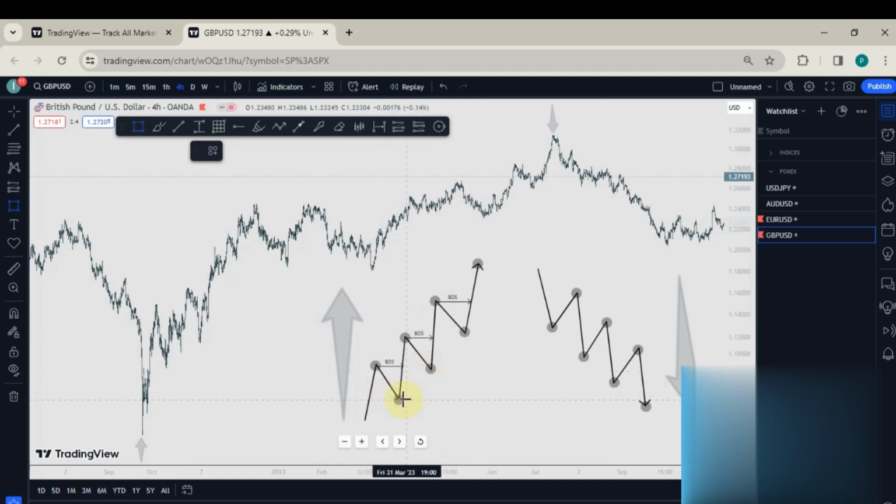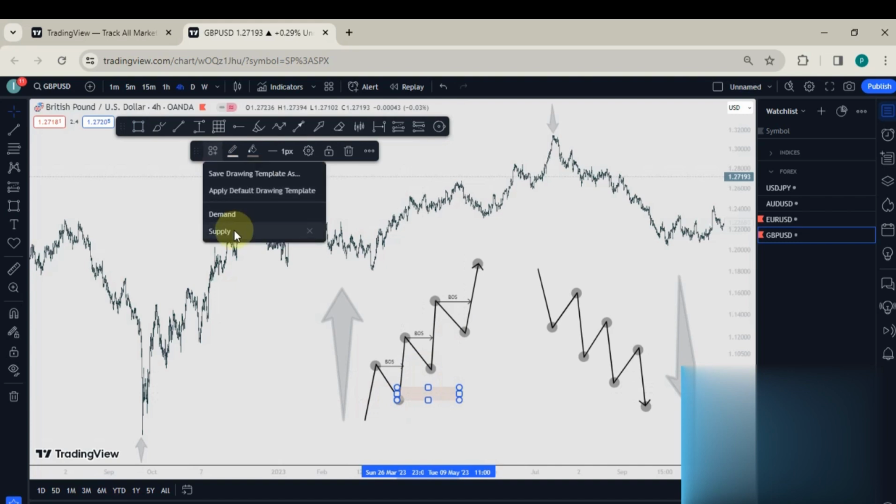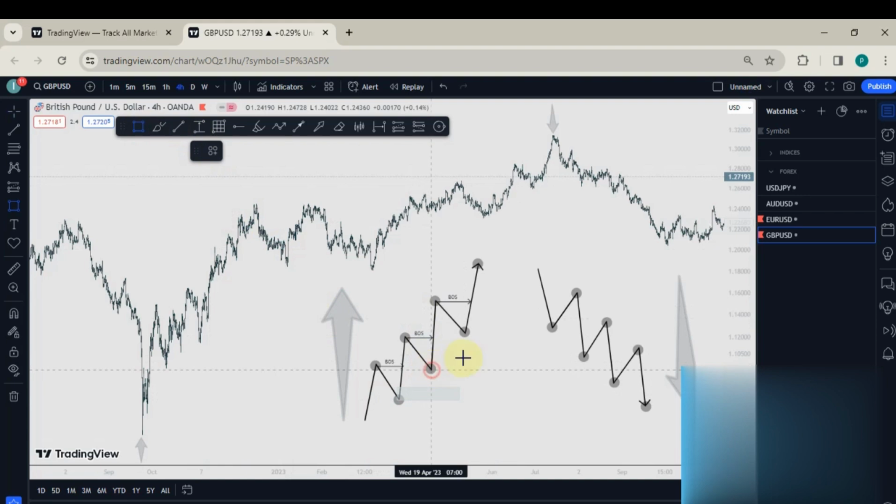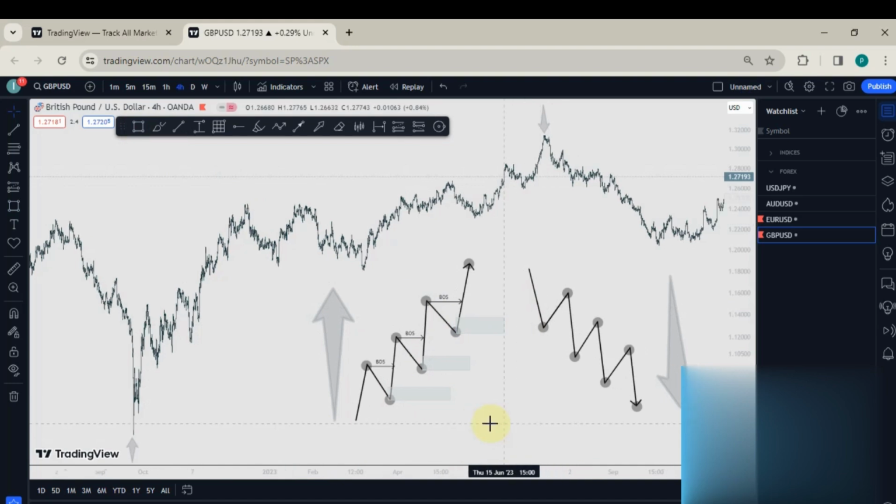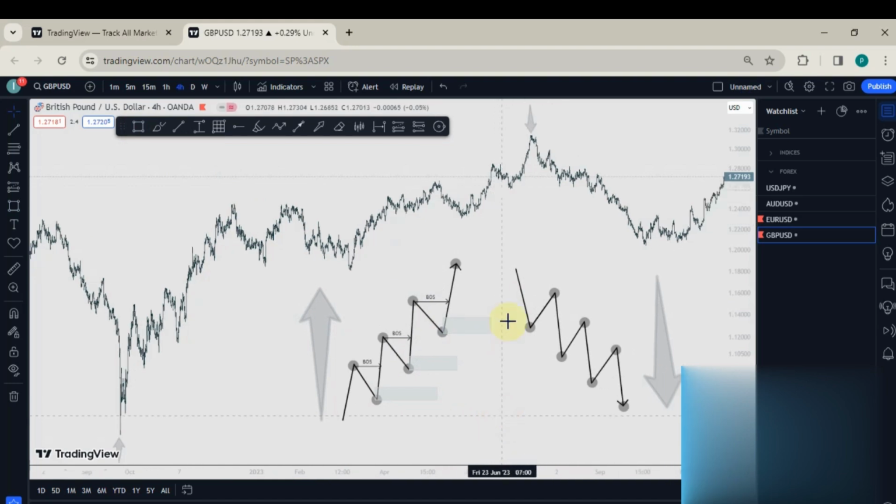In this case, this higher low becomes a demand. This higher low becomes a demand. This higher low becomes a demand, right? Same applies in a downtrend, right?